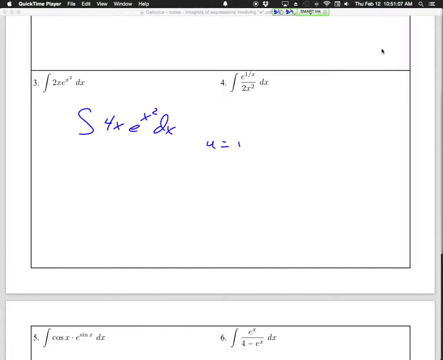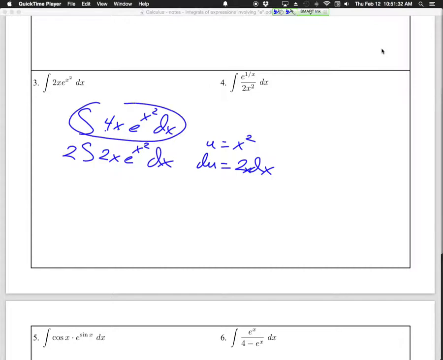So u is x squared, du is 2x dx. So I got the x there, and there is a 2 in the 4, correct? But what's extra? 2. There's a 2. So I can rewrite this as 2 times the integral of 2x e to the x squared dx.